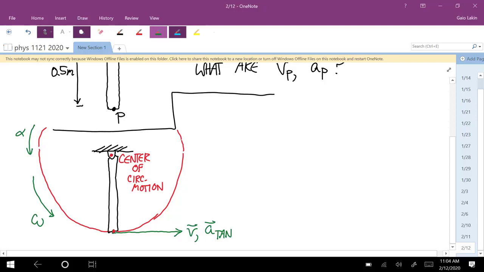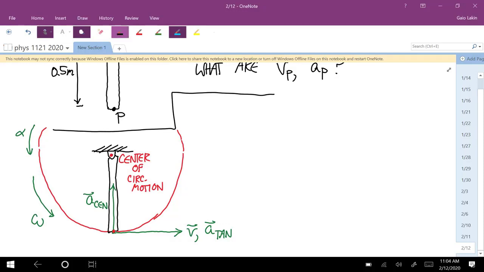The centripetal acceleration is always the same. It's always straight toward the center. And so now we know all the directions. All we have to do is figure out the magnitudes and combine those for vector components. Anybody have any questions yet about this?